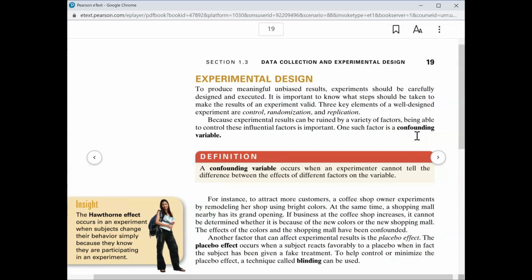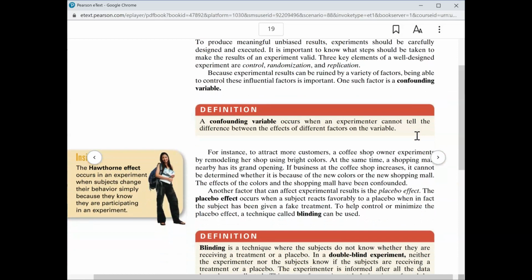All right, experimental design. All right, three key elements of a well-designed experiment are control, randomization, and replication. So control: you want to be able to control the experiment by not allowing outside things to invalidate your results.